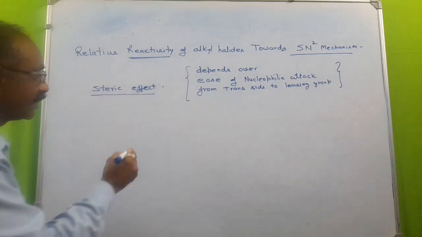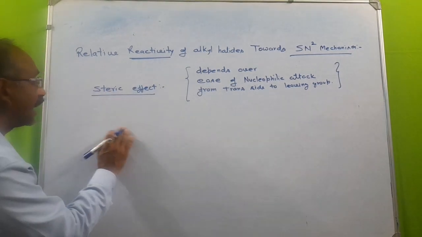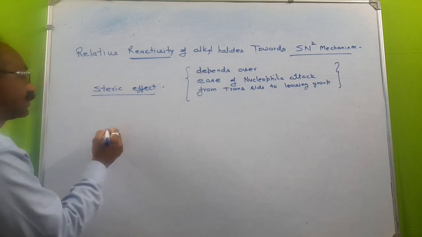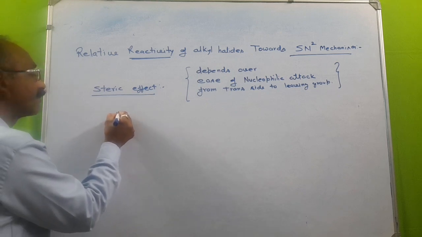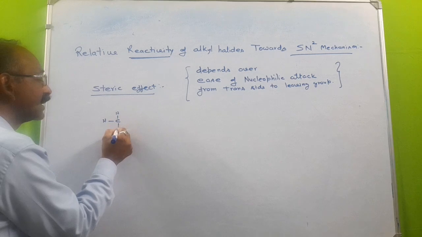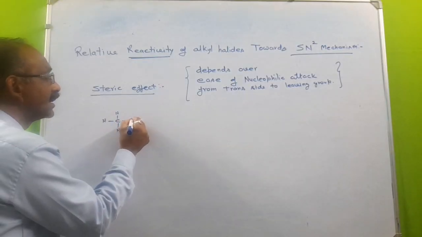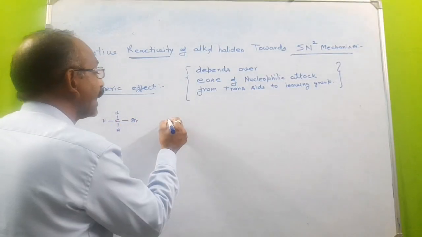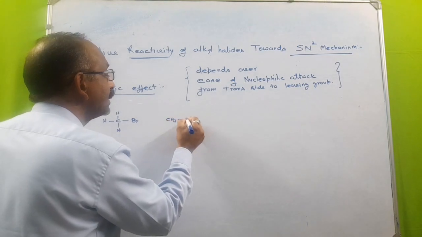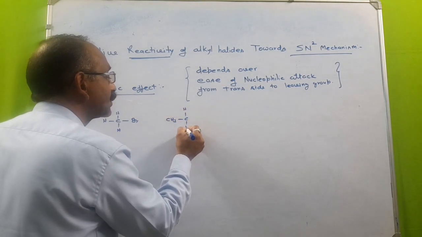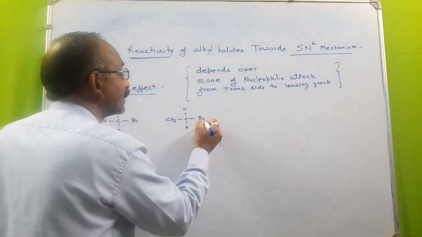See, here let our alkyl halides are, one is CH3Br, another one is CH3CH2Br.